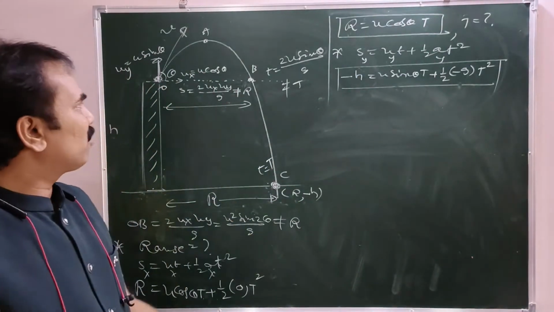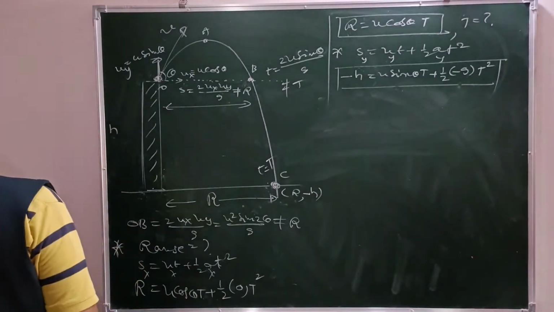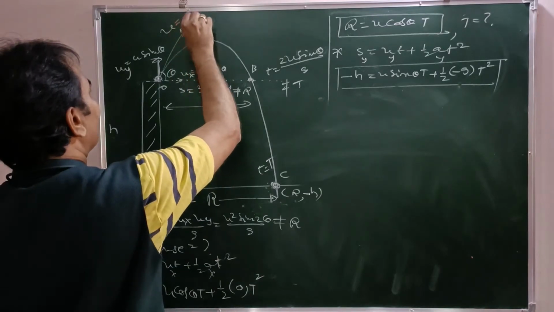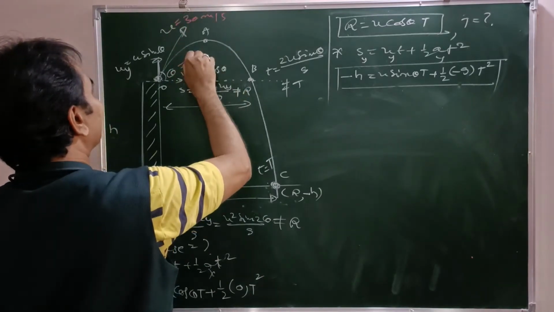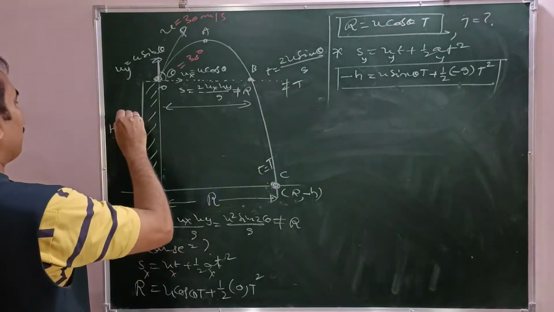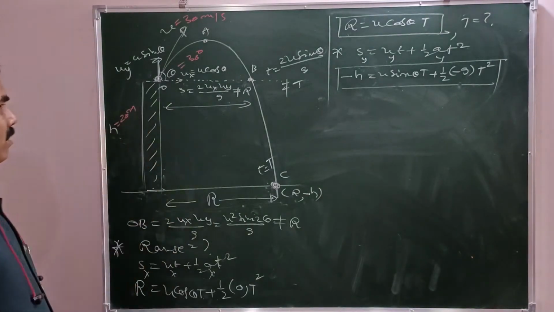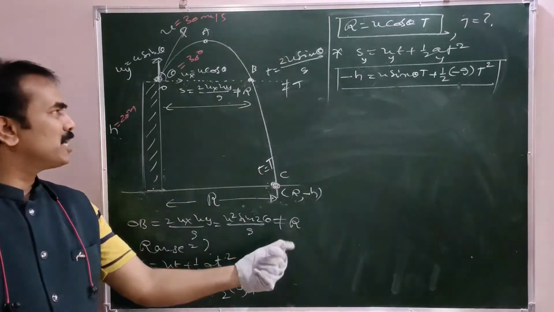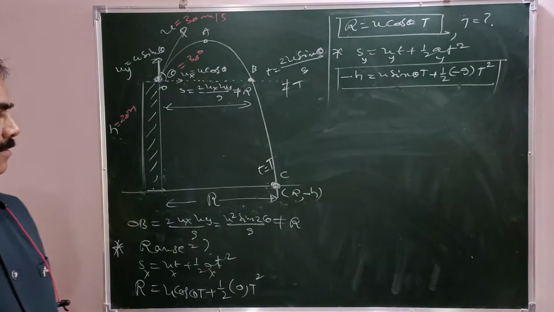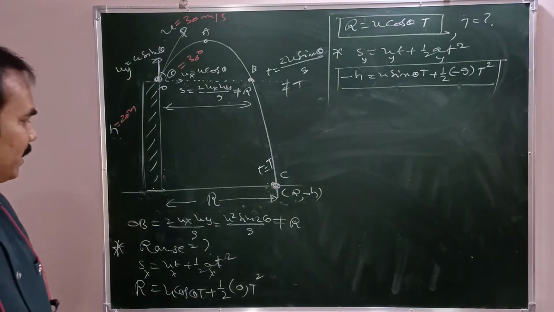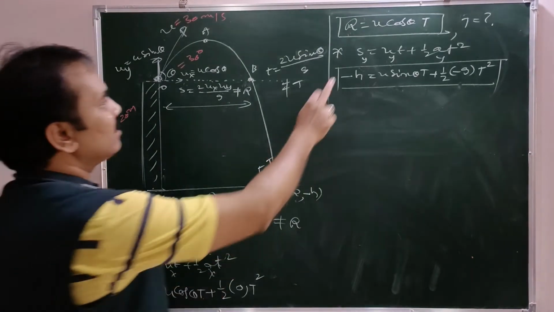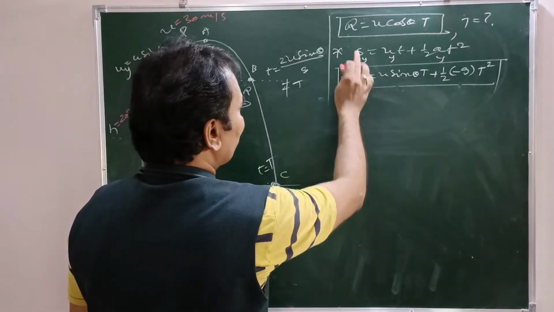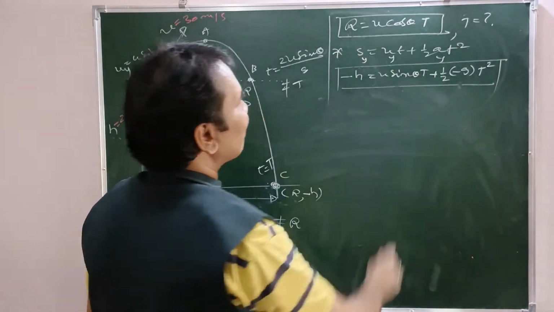Coming to a numerical. What is u? 30 meters per second. What is theta? 30 degrees. What is the height of the tower? 20 meter. Now, in this case, find range as well as time of flight. Before finding range, you need to find time of flight.